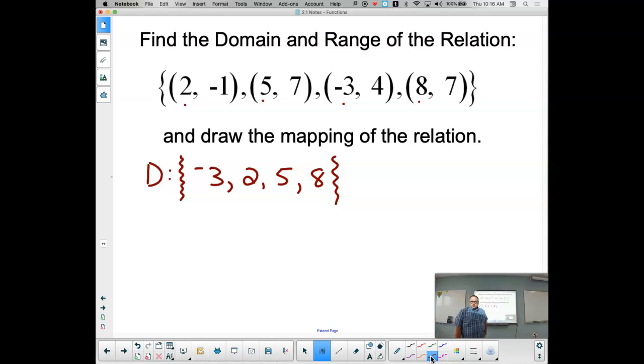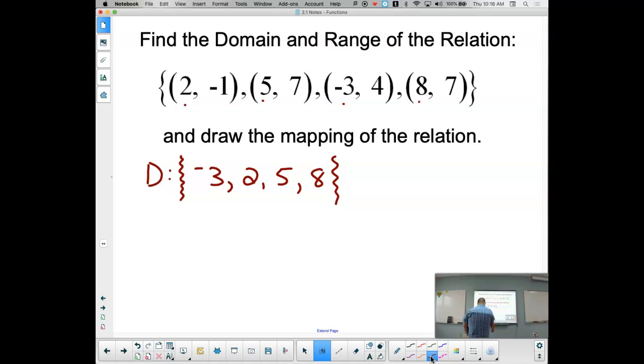Love it. Okay? So that is our domain. If there is a repeated value in it, we don't write it twice. We don't write anything repeated.